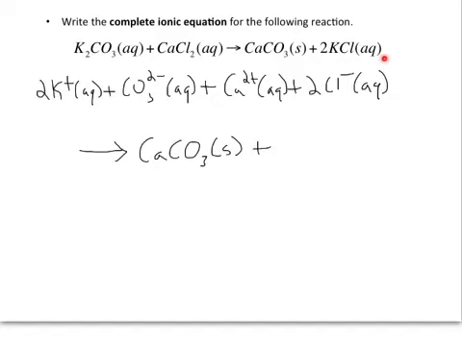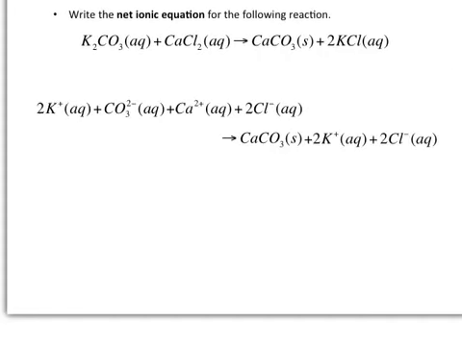It is aqueous. In my balanced chemical equation, I have 2 potassium chlorides. So this is going to result in 2 potassium ions and 2 chloride ions. All right, and we have our balanced complete ionic equation at this point. So let's go on and look at the next slide.